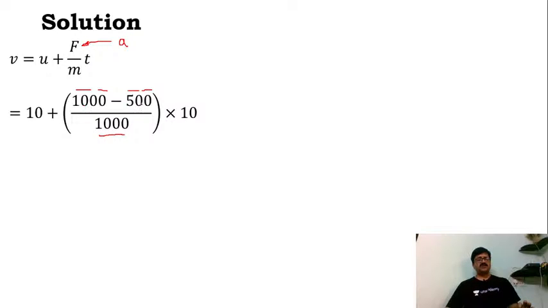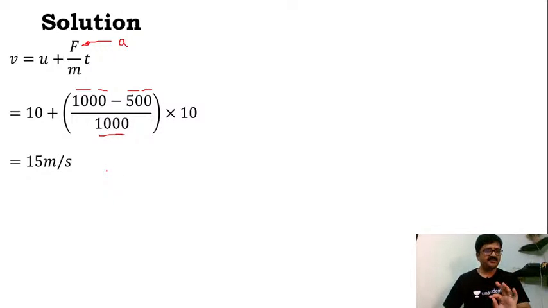So 1000 minus 500 is 500. 500 by 1000 is 1 by 2. 1 by 2 into 10 is obviously 5. So thus we'll get 10 plus 5, 15 meter per second. This is the velocity that they've asked us to calculate here.